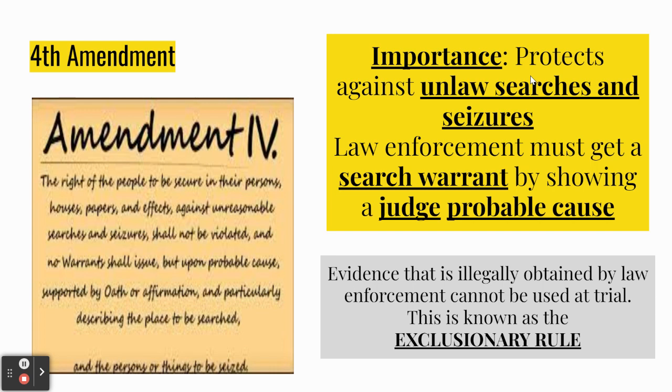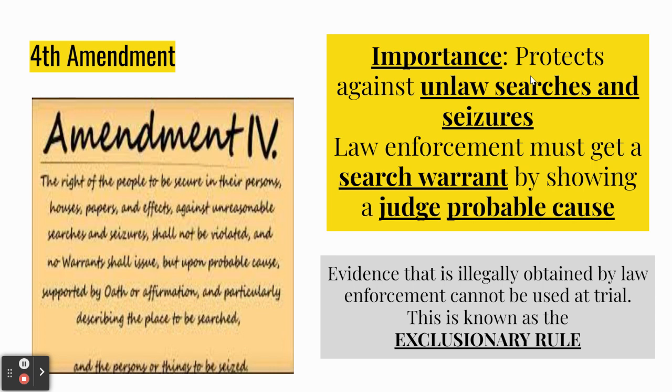However, if they don't obtain a search warrant and they illegally search you, it is possible that that evidence could be not allowed to be shown at trial. This is called the exclusionary rule. The exclusionary rule is when a defense attorney argues that law enforcement didn't get the evidence in a proper, legal way, and therefore prevents it from ever being shown to the jury during a trial.